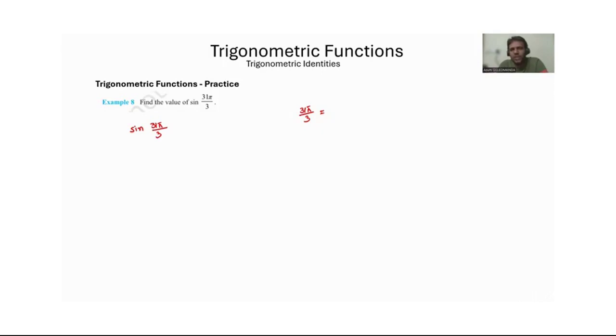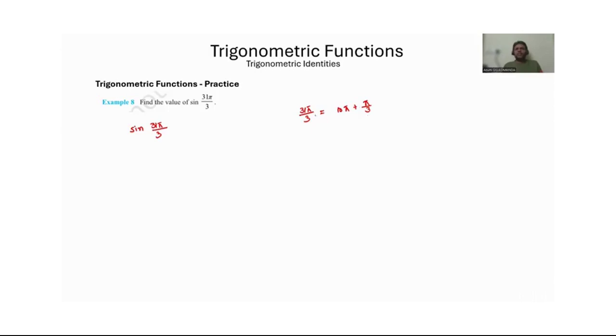The sine value is the same for every one revolution, that is every 2 pi. So can I write this as 10 pi plus 1 by 3 pi? So 10 pi plus pi by 3, which, if I take the LCM, is 30 plus 1, 31 pi by 3.